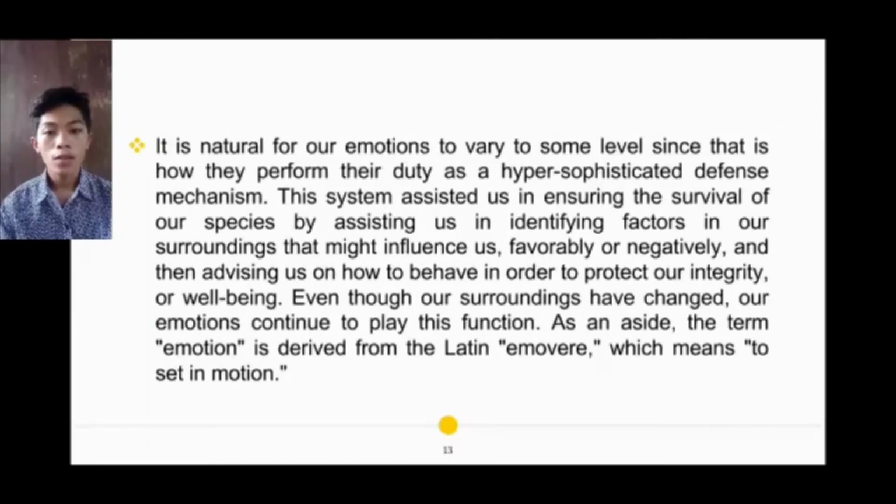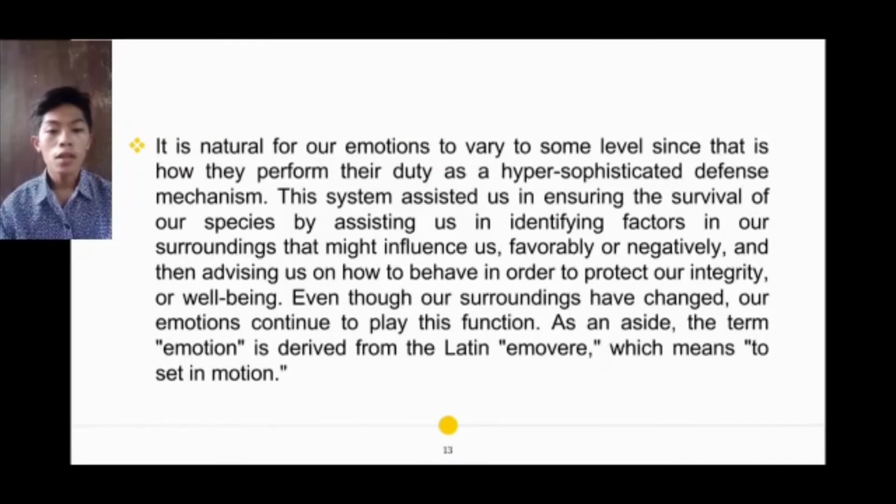It is natural for our emotions to vary to some level, since that is how they perform their duty as a hyper sophisticated defense mechanism. This system assisted us in ensuring the survival of our species by helping us identify factors in our surroundings that might influence us favorably or negatively, and then advising us on how to behave in order to protect our integrity or well-being.